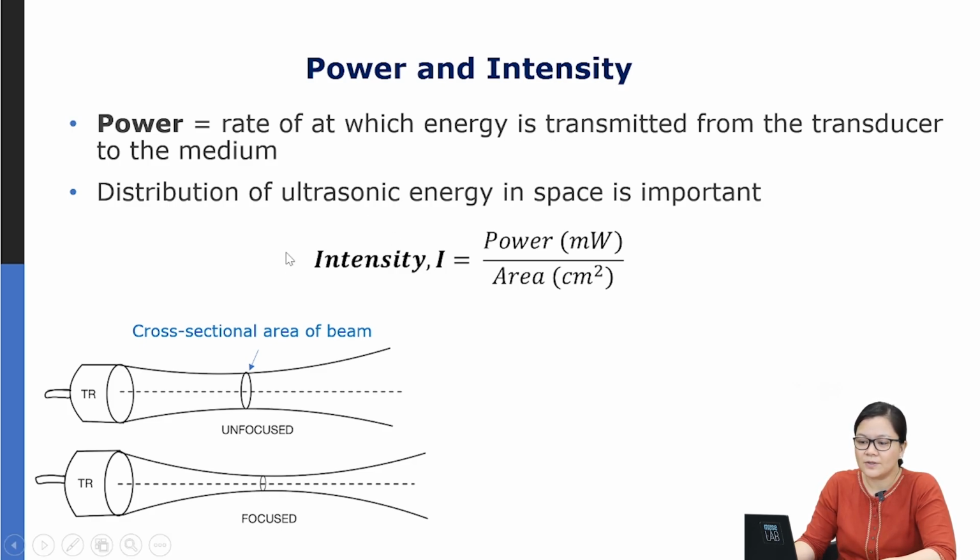And so if you just look back at this equation, for the same amount of power that you are driving the transducer with, the acoustic power that is being generated in a focused beam at a smaller area would have higher intensity. So focused ultrasound beams typically have higher intensities, and these types of beams are typically used for bioeffects applications, such as in high intensity focused ultrasound, which falls into the therapeutic range of ultrasound.